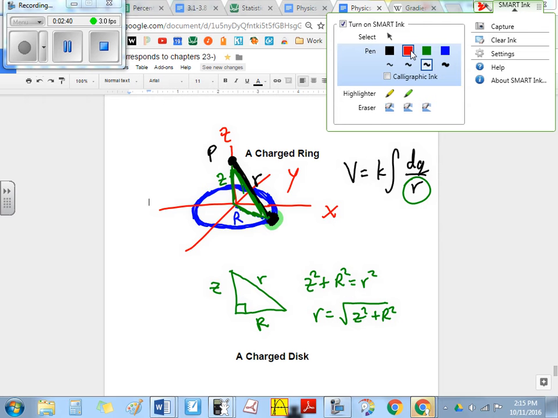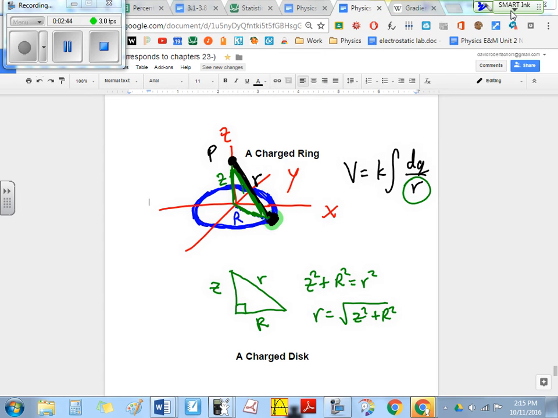What is dq? Well, dq is technically, since I've defined this as no thickness, just think of it as a length ds, and it has a uniform charge density, and we'll use the linear case, lambda.